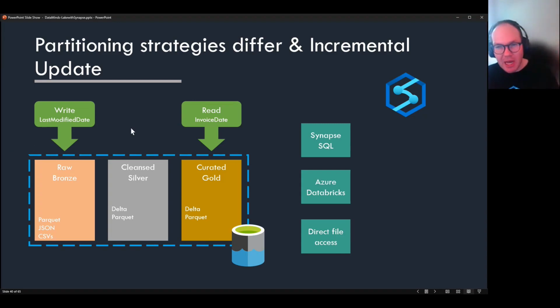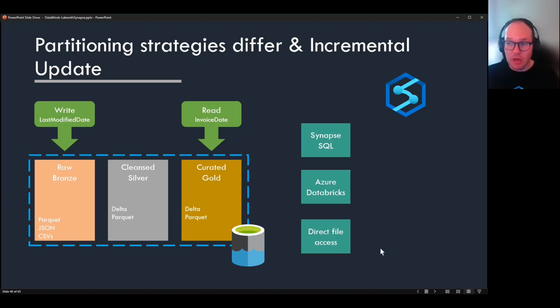So this is where the partitioning part intertwines with how you actually query, which I guess is hopefully a quick way to answer a question that maybe somebody had, because normally when I talk about this, somebody ends up asking me. And then you can leverage Azure Databricks or Synapse SQL.